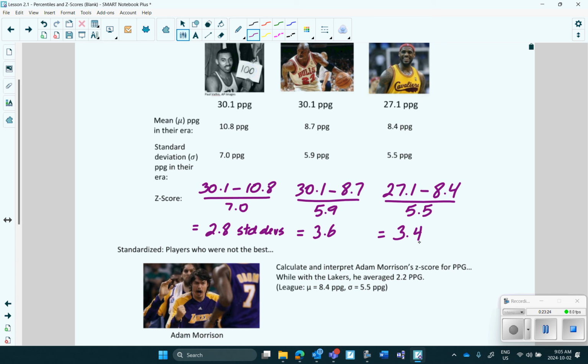So we can look at his and say, okay, even though he had fewer points per game than Wilt Chamberlain in the 60s, he actually did better in relation to the other players in those eras. So if we standardize their scores for their points per game, we could possibly make the conclusion that Michael Jordan is the best.